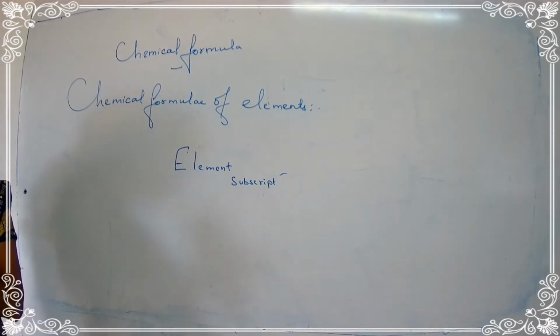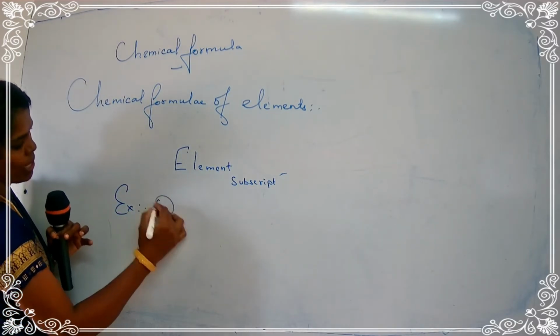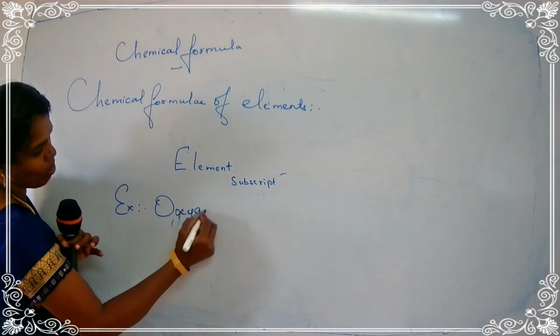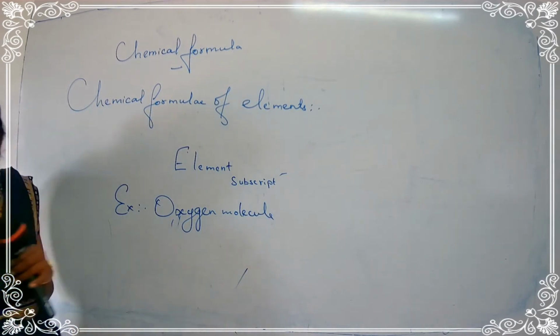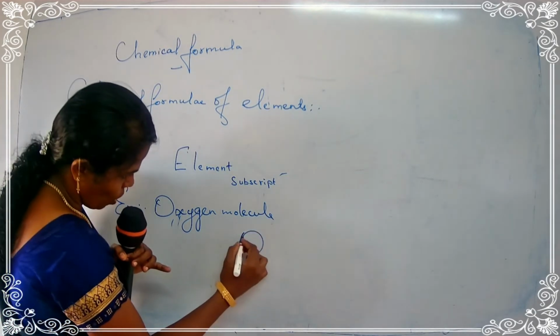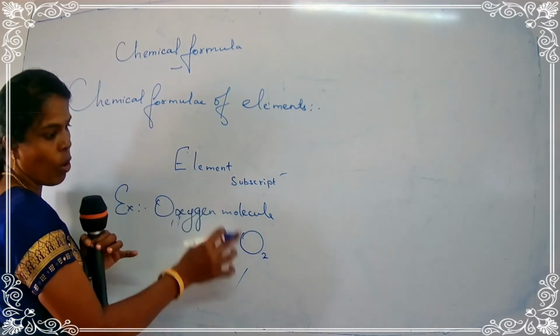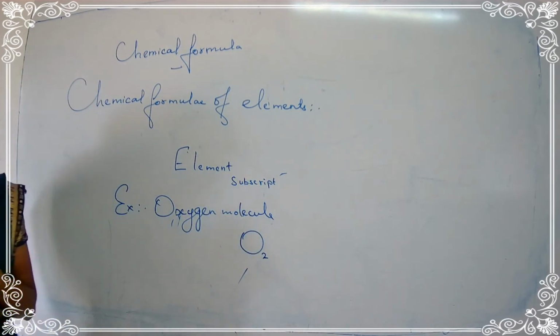For example, the oxygen molecule is represented as O, and how many atoms? The number of atoms is 2. This is your subscript. Element oxygen, subscript the number of atoms, 2.